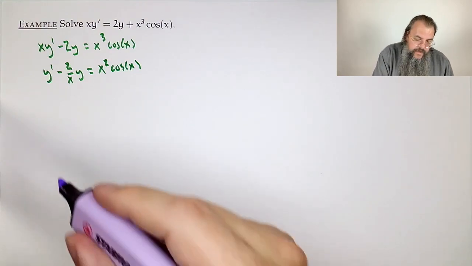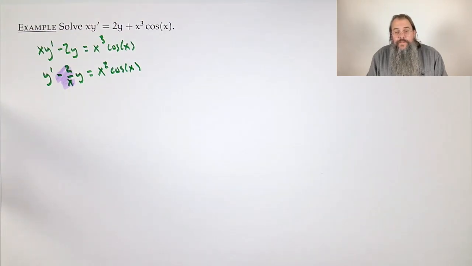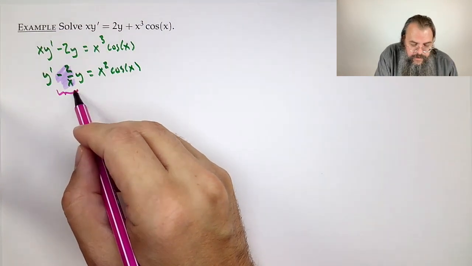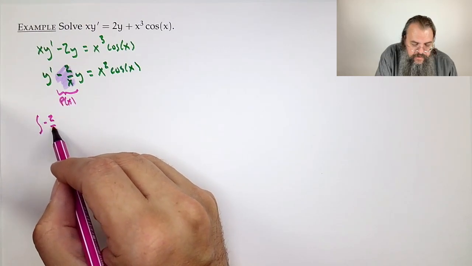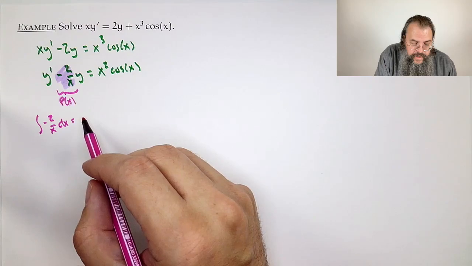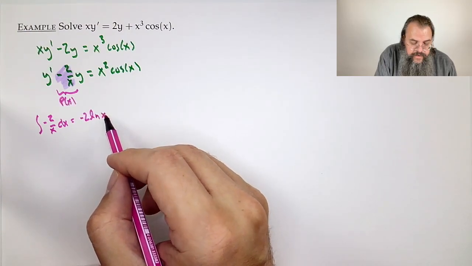Well, where to begin? We have the minus 2 over x. Now remember, the minus is part of it. That's going to be our p of x. So we say, okay, great. So we're going to work with this. And so the integral of minus 2 over x, well, that's the same as what? Minus 2 log of x.